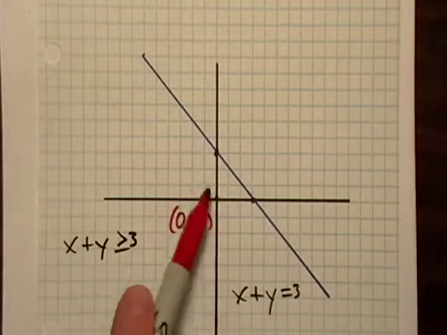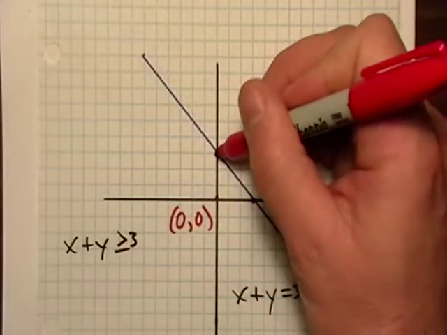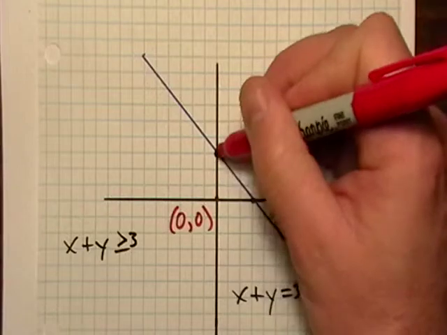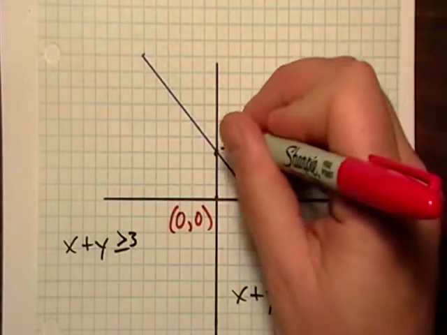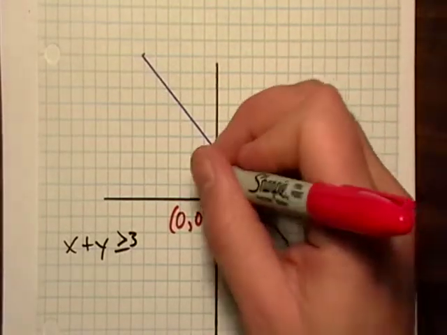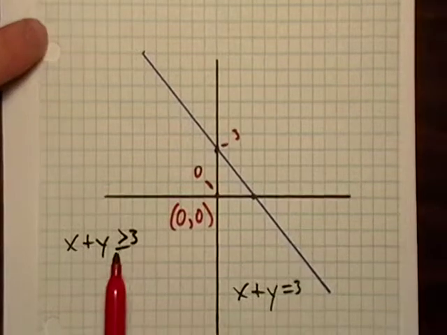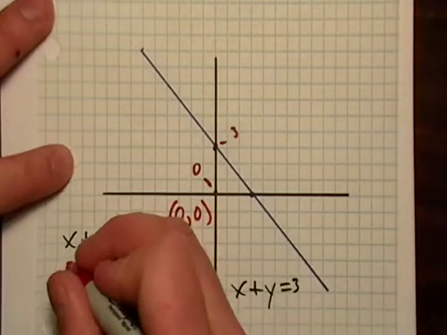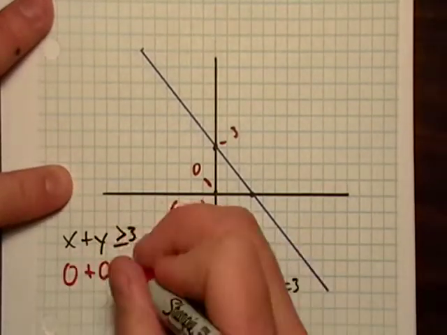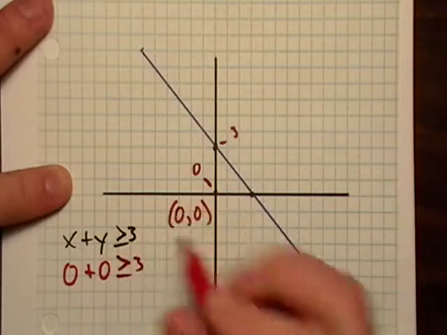Notice how it's less than the graph here. The graph right here is valued at 3. Right here, at x equals 0, it's valued at 0. So I'm going to plug those numbers in over here: x plus y equals 3.